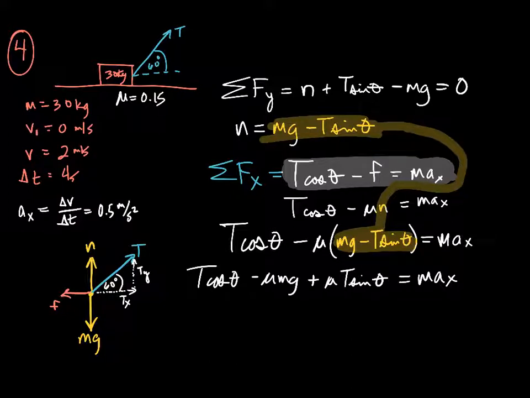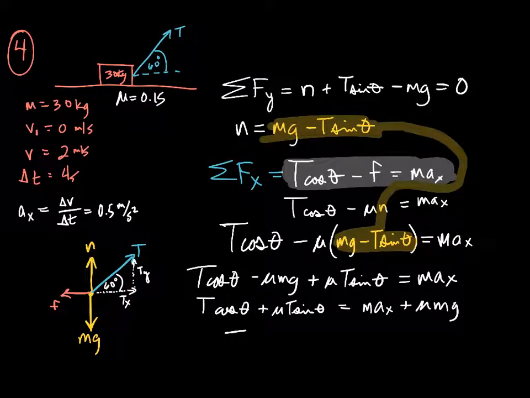So T cosine theta plus mu T sine theta will equal max plus mu mg, because that goes over to the other side.